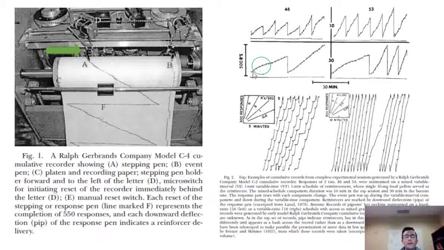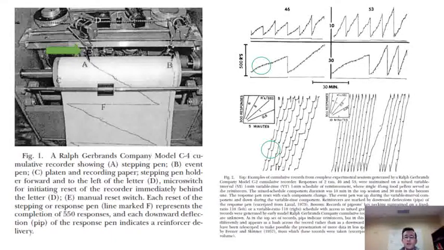For example, in this cumulative record, each of these lines downward are called pips. They indicate that a reinforcer is being delivered. Similarly, in this graph, the lines that go to the left are called hash marks. They also indicate the delivery of the reinforcer during the session.